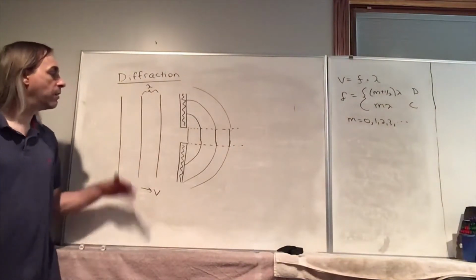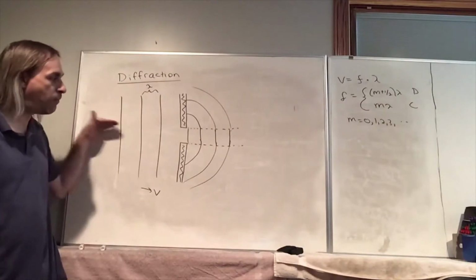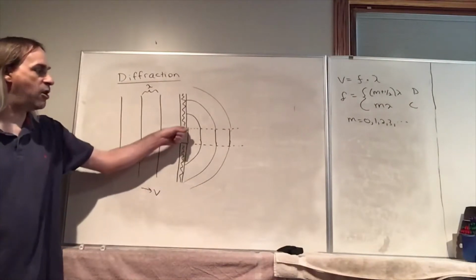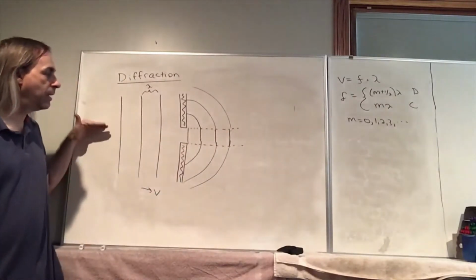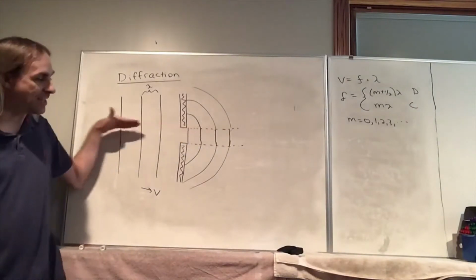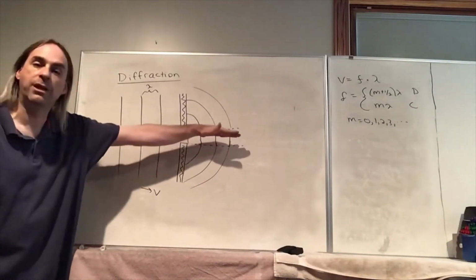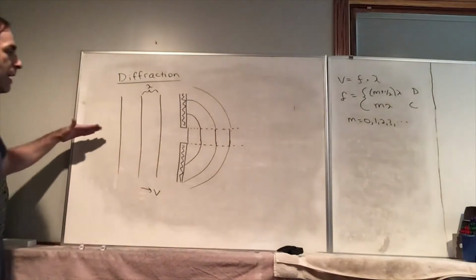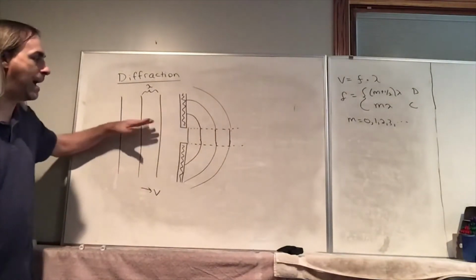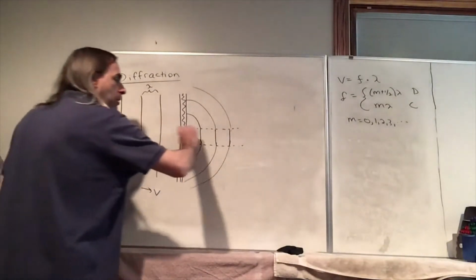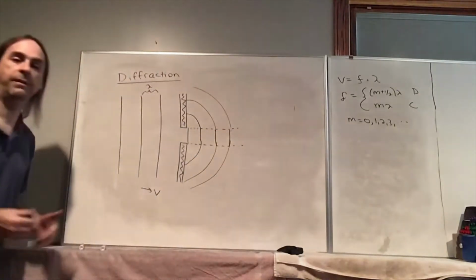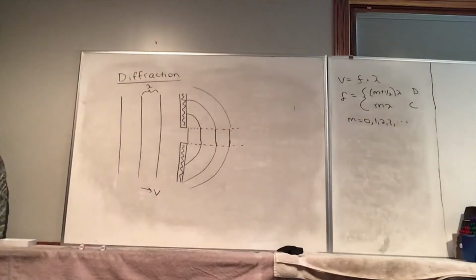If you were just to have a stream of particles hitting this, everything that doesn't hit the barrier is just going to keep moving in a straight line. Everything that hits the barrier is going to stop. So you just get a beam of particles moving like this in that region between those two dashed lines. But waves spread out when they pass through a barrier.